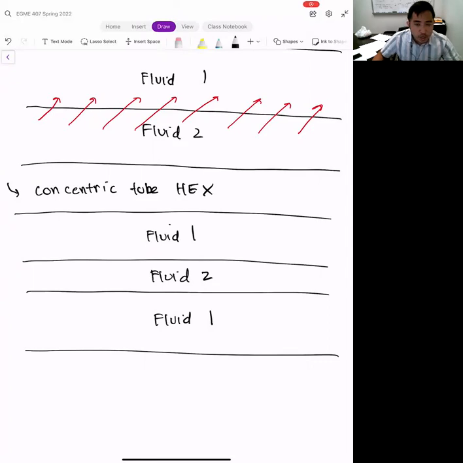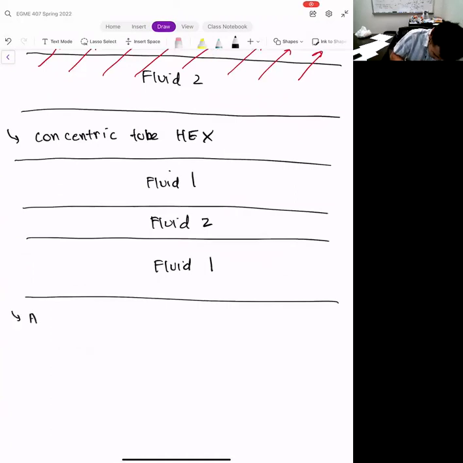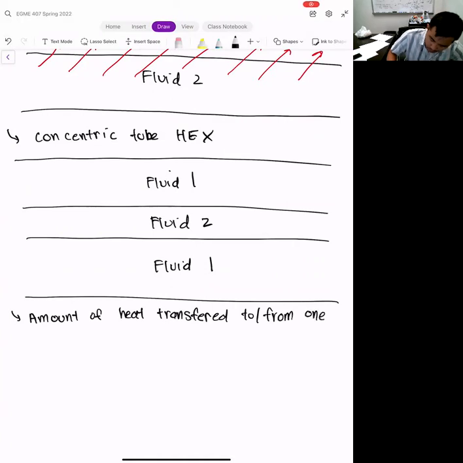And so one important formula, before I get too deep into the weeds of parallel flow and counterflow, is to know how to compute the amount of heat transfer in just one fluid. And just like we finished talking about internal convection, when you give heat or take heat away from internal flow, it's going to cause a change in the fluid temperature.